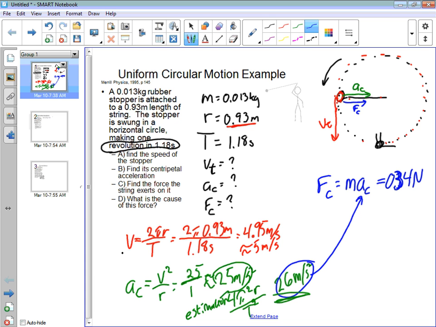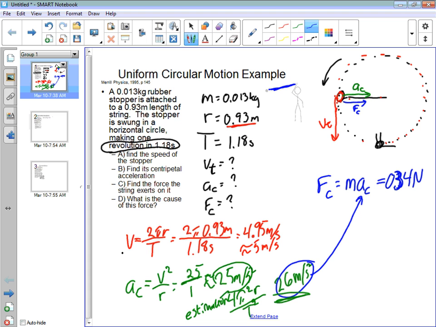And then what is the cause of this force? What is the reason this stopper is going around in a circular path? If we got rid of this force, it would no longer go around in a circular path. Yes, the tension in the string. If we were to cut the string, or if it were to break, or if we were to let go, it would just fly off in whatever direction it was most recently going.